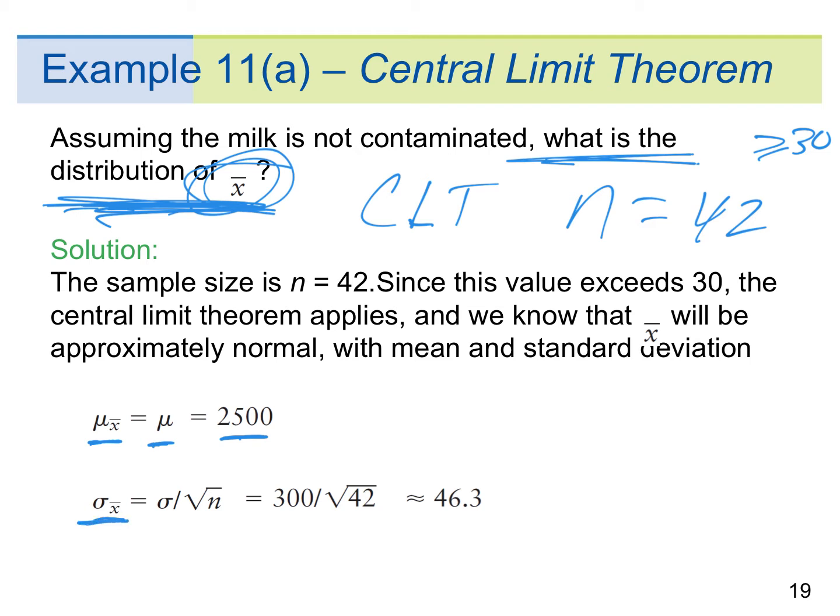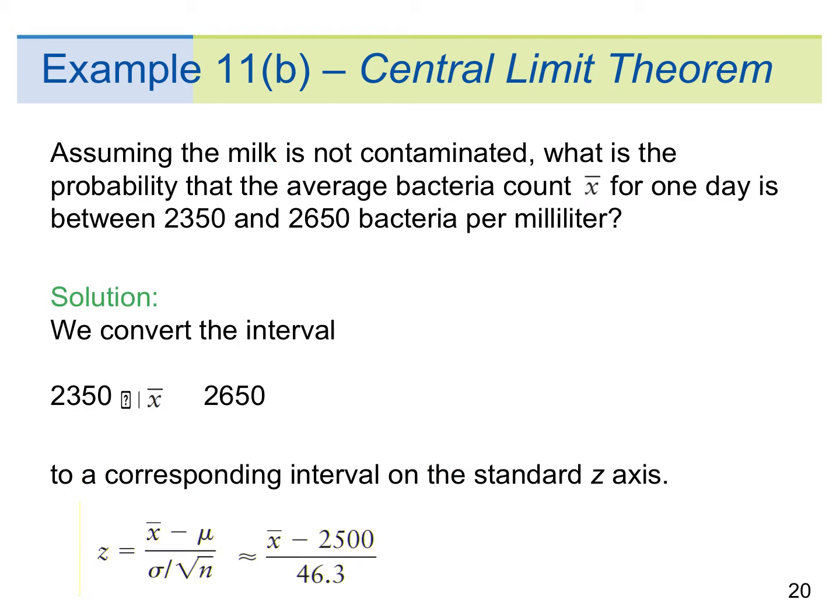The standard deviation of the means, since we do have the central limit theorem, is now going to be 300 divided by the square root of 42, which is 46.3. This is new.